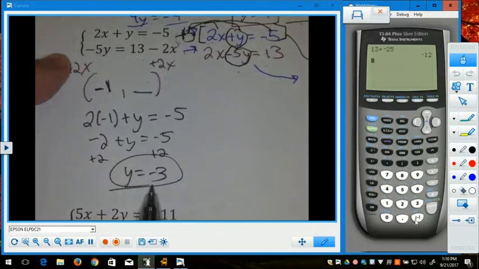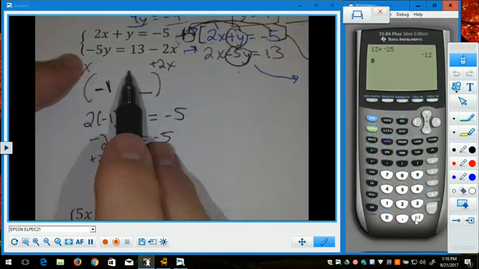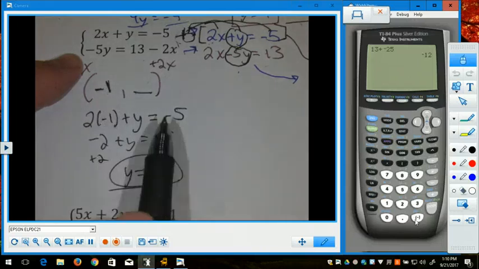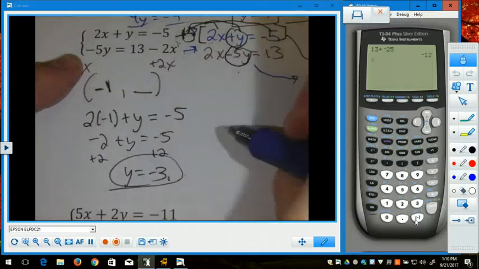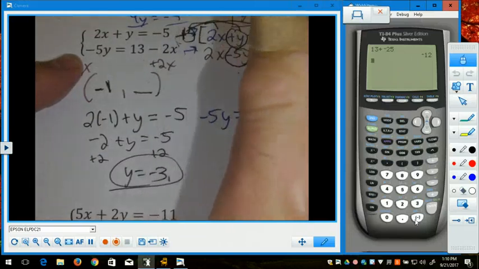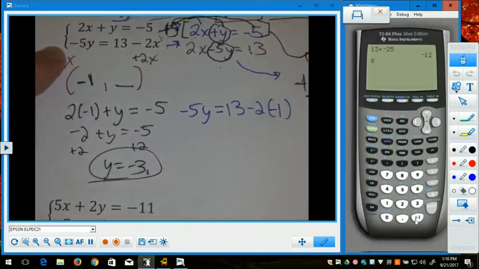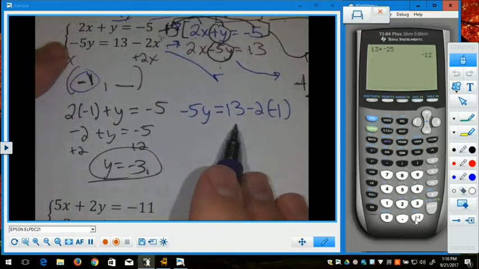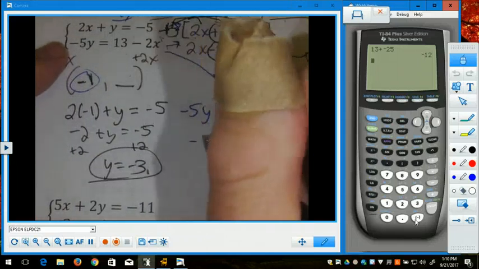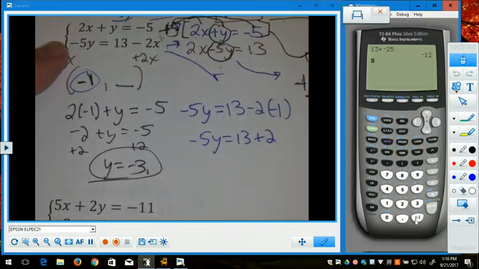I'm going to verify that this is actually true by plugging the x into this equation. You could also plug in both the x and y to see if it's balanced, but I'm just going to plug in the x and solve. So when I plug in the x, I have -5y equals 13 minus 2 times -1. That's me plugging the -1 into the second equation. This is -5y equals 13 plus 2, which is 15.